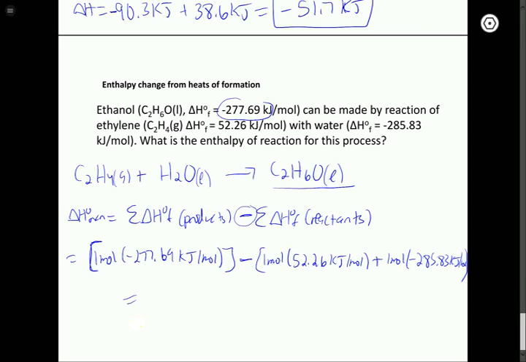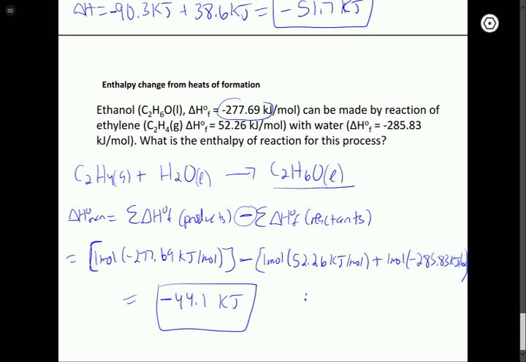So when we add these up, we get minus 44.1 kilojoules is the delta H for this reaction.